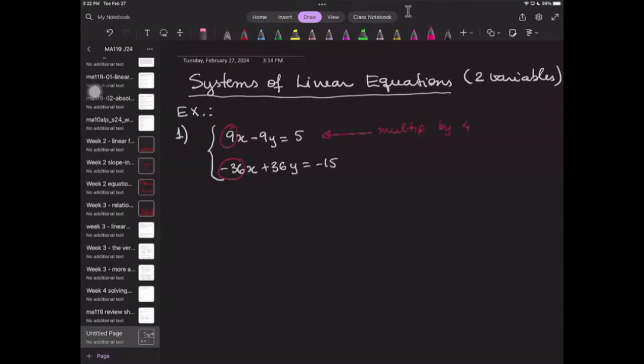Even though I only want to cancel x, I multiply everything by 4. So 9 times 4 is 36, so 36x, and then negative 9y times 4 is negative 36y. Now 4 times 5 on the right side is 20. I'm not changing the second equation, so it stays exactly the same.